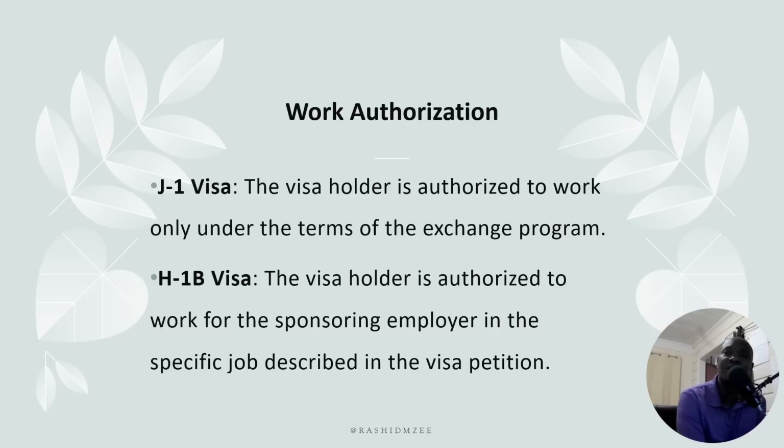For the J1, you're authorized to work in the terms of the exchange program. That is, it might be that you're going to be a teacher. But for the H1B, they will say specifically this will be a teacher teaching in X school for this subject. And that is what you have to stick to. You cannot deviate from that. Okay. Work authorization is very strict in these visas, both of them.